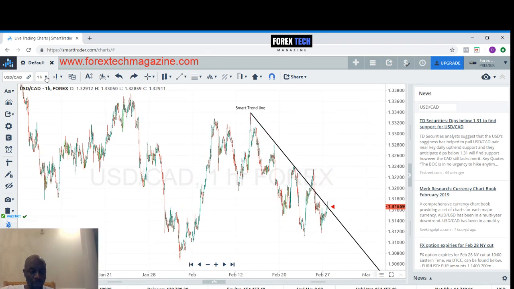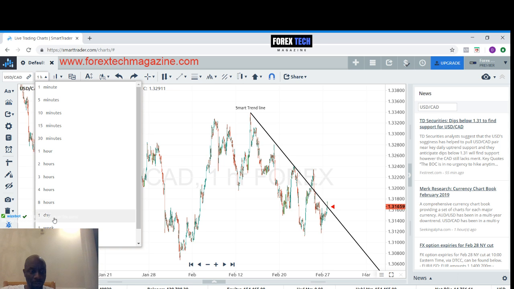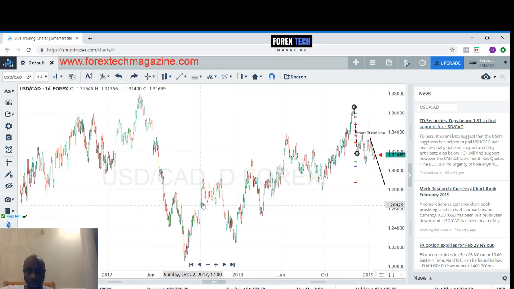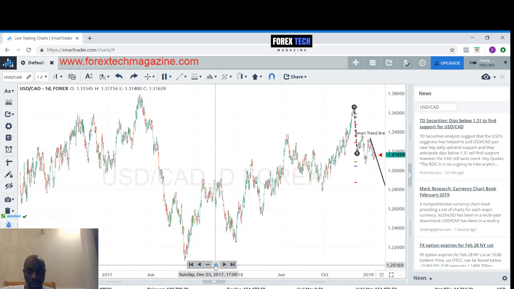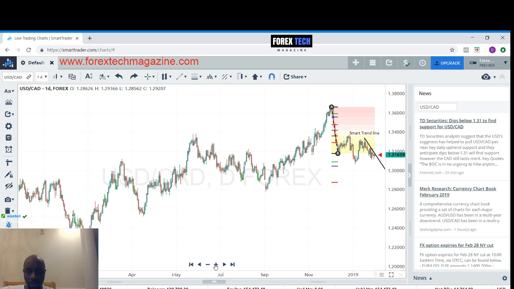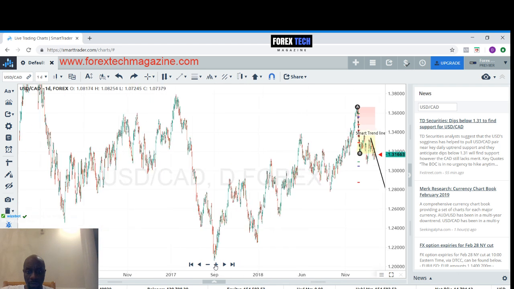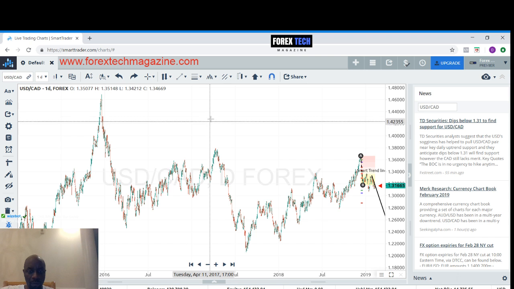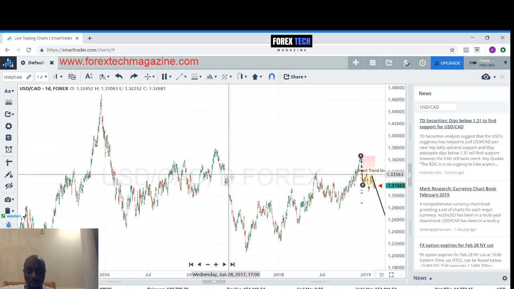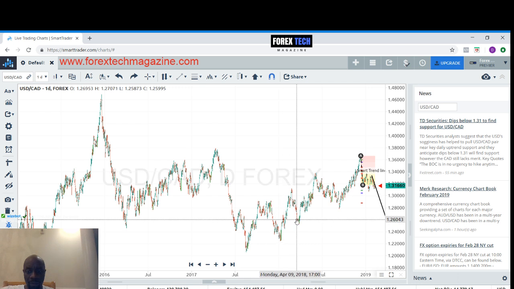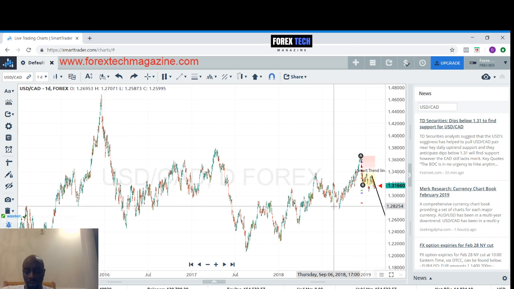So let's go back for a second. When we look at the daily chart, price is what? Well, price is actually moving up, right? So price is on A, B, C. I'm sorry. Higher low, higher low, higher low, higher low.